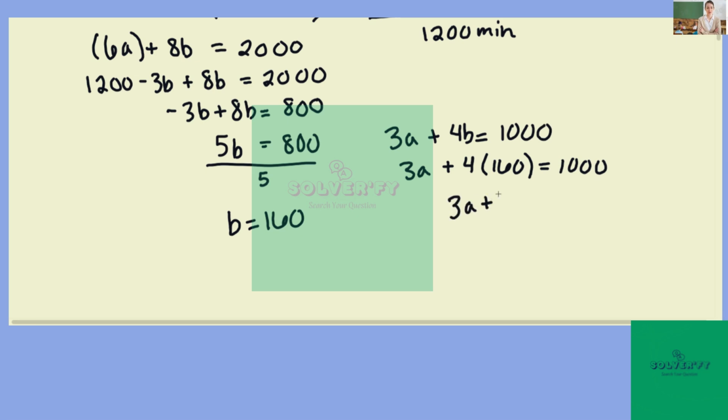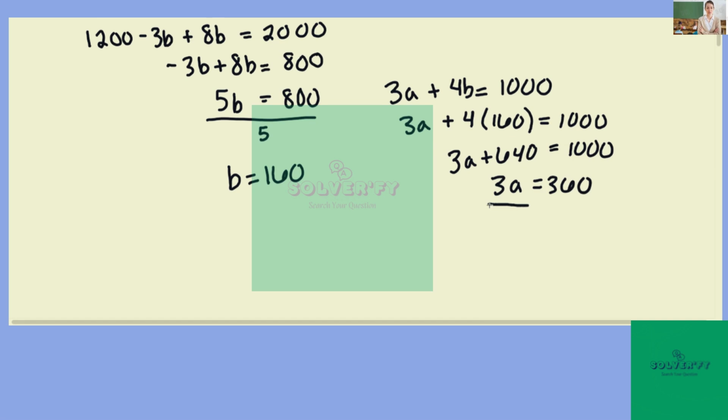So 3A plus 640 is equal to 1,000. If we subtract the 640 from both sides, we get 360. And to get A alone, we will divide by 3, and A is equal to 120. This is the number of A models that we will make in order to maximize profit.